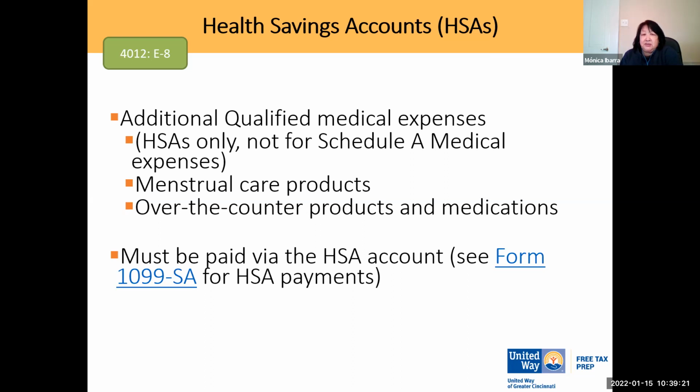It's an advantage because you're using money that has not been taxed in order to pay some medical expenses. So you have to reconcile that, and there are limits to the amount that you can contribute, and then you have to verify that the amounts that you used were for proper, qualified medical expenses.